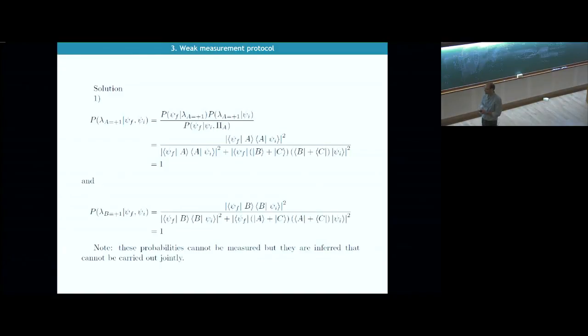Yes, except that in the weak measurement protocol, you end up also doing a strong measurement at the end. So actually, yes, you need this. Otherwise, you remain in an entangled state, and you can't say anything.